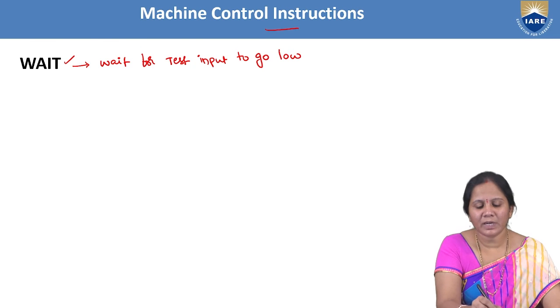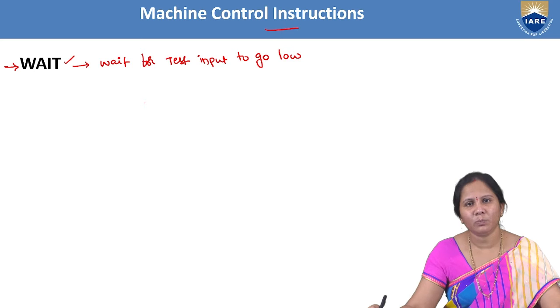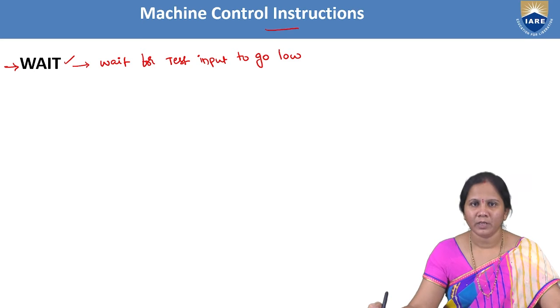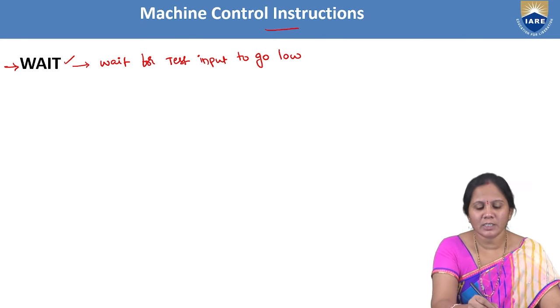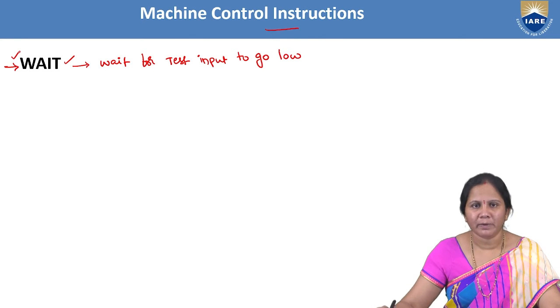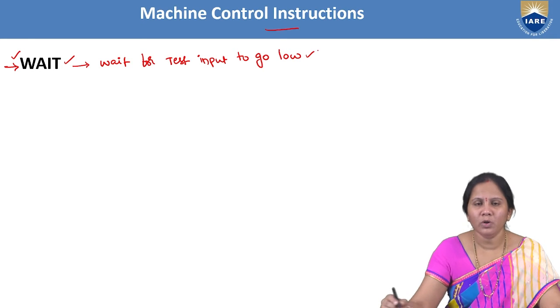When this instruction is executed, it waits for the test input to go low, which is related to the TEST bar signal. The 8086 microprocessor has 40 pins, and one of them is the TEST pin. This instruction is related to the TEST bar pin.